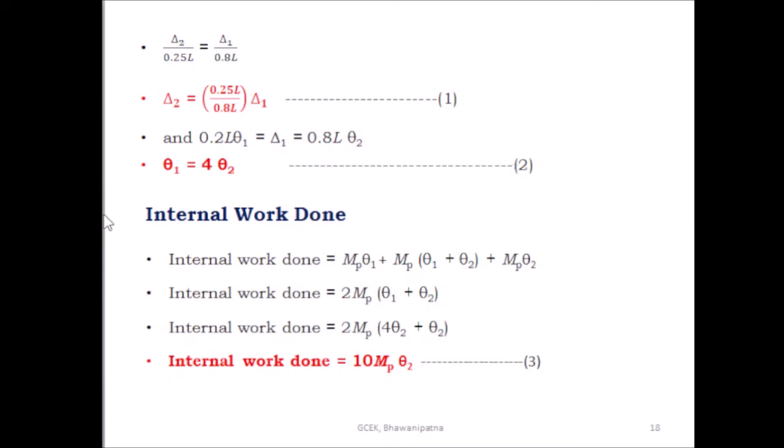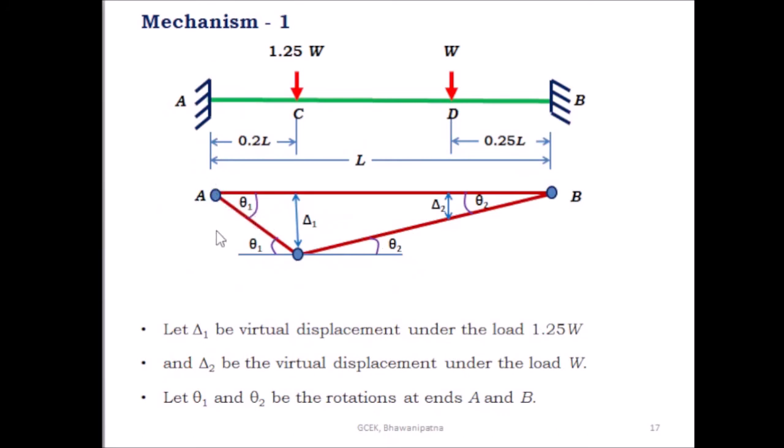Then find out the internal work done. The internal work done can be found from the plastic moment Mp and the rotation that takes place, theta 1. The internal work done at A is equal to Mp into theta 1. Similarly, what is the internal work done at C, at this hinge? Here the total rotation is theta 1 plus theta 2 and the plastic moment is Mp.